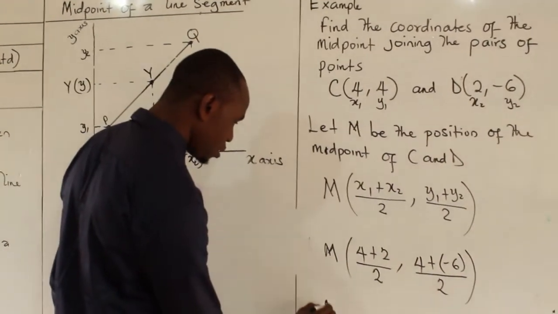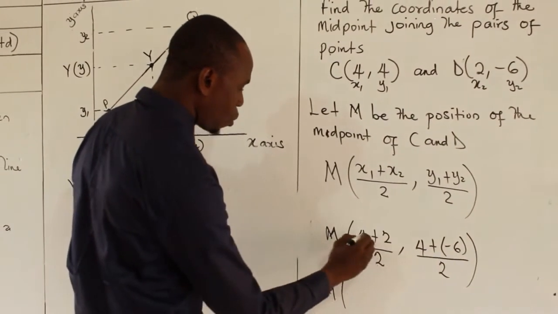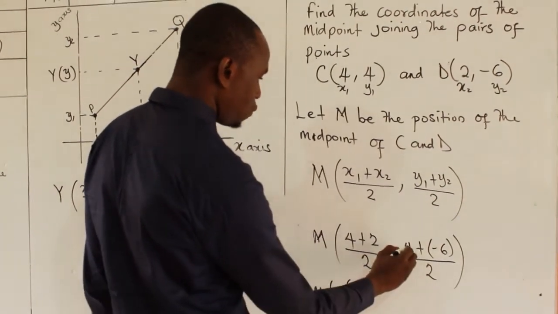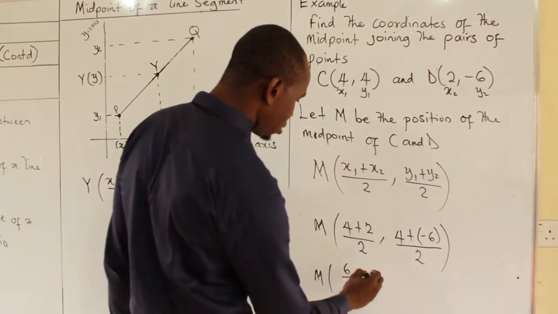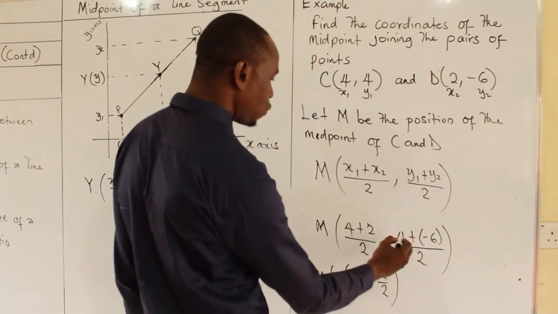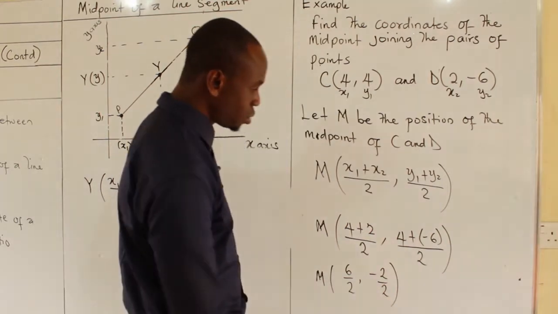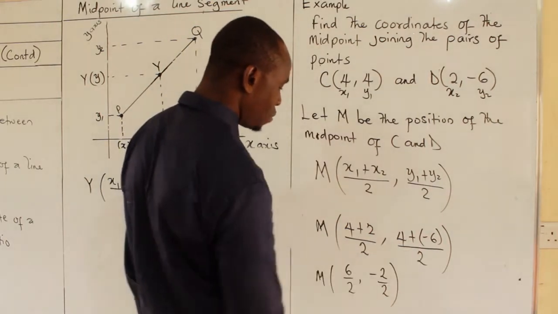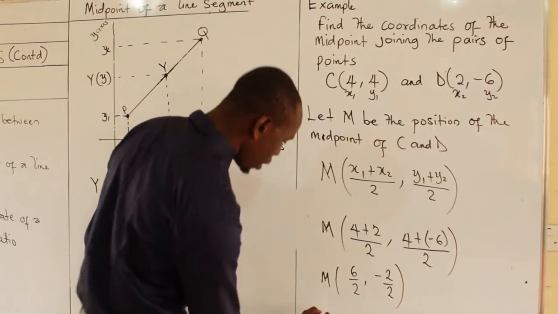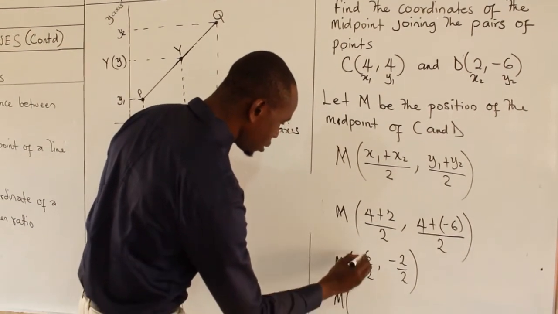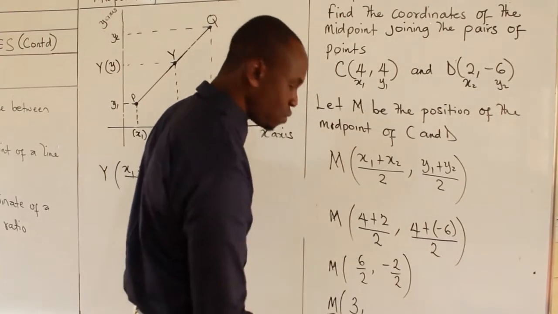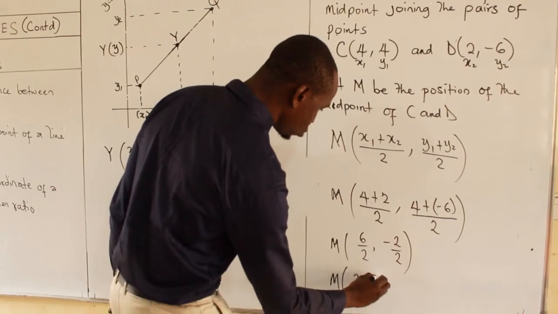So M is 4 plus 2 is 6 over 2, and 4 minus 6 is minus 2 over 2. Knowing that plus times minus is minus, 4 minus 6 will give us minus 2. And when I do this division, 6 divided by 2 is 3, and minus 2 divided by 2 is minus 1.